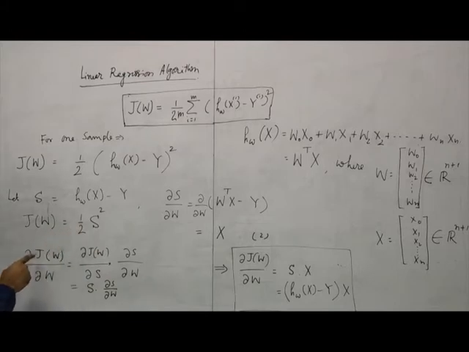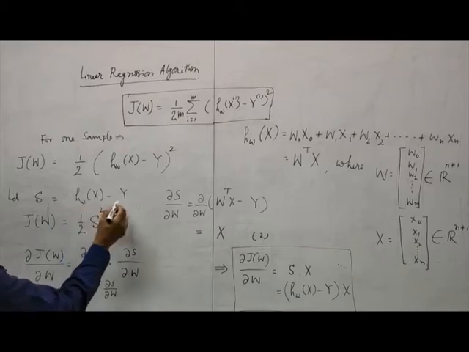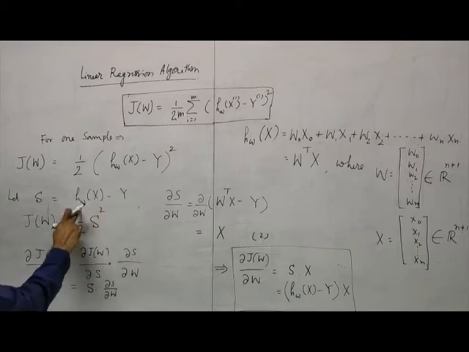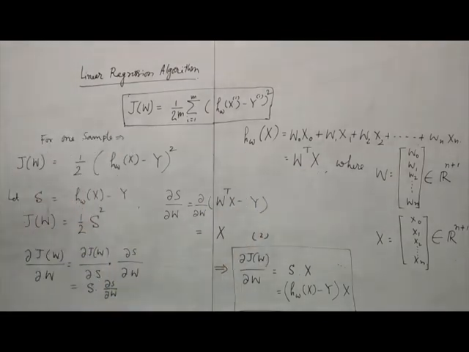Now we need to differentiate this function with respect to W. I have made a substitution, s equals to this, which can be written as W transpose x. I am differentiating: partial derivative of J with respect to s, and partial derivative of s with respect to the parameter.